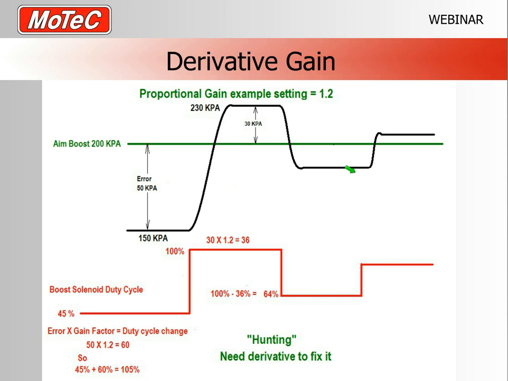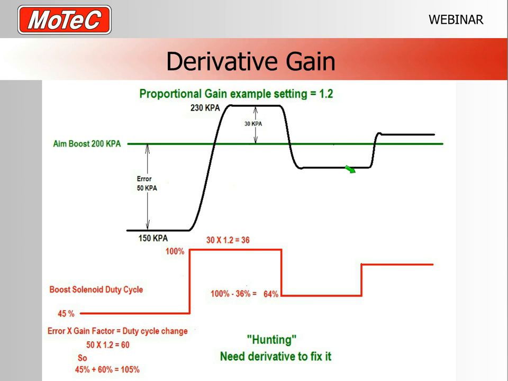But the reality of what happens is that it overboosts. It's too much. So we get a good response, but the thing goes way over boost. And then we have an error, 30 kPa in the negative direction. So let's look at what the computer would do in this case. 30 times 1.2, 36% change. The computer knows that it's too high and we need to pull that 36% off the solenoid. So we end up with a solenoid duty cycle of 64.